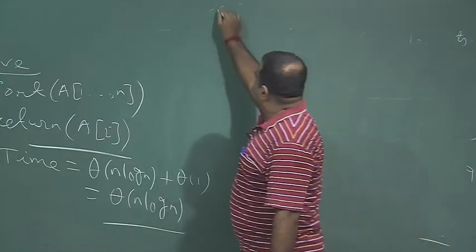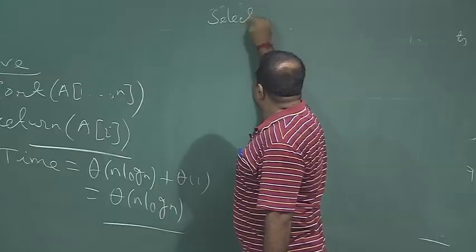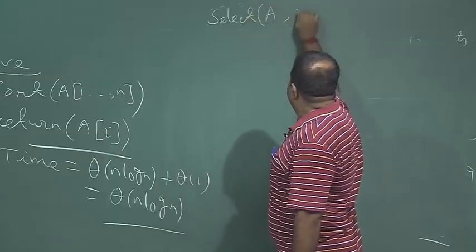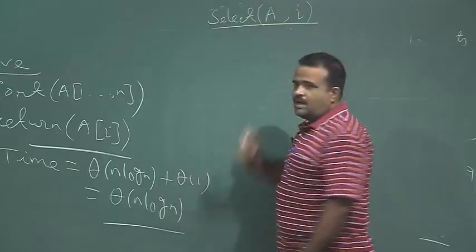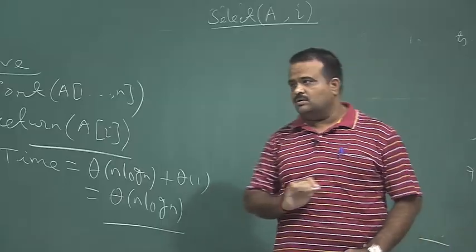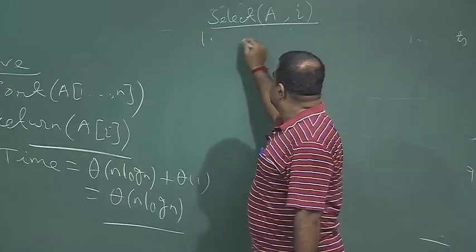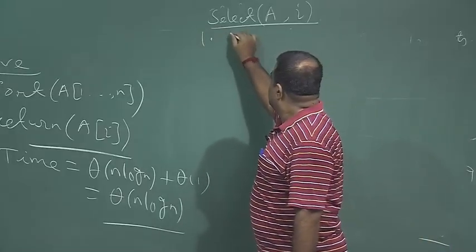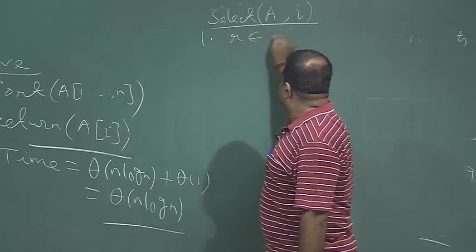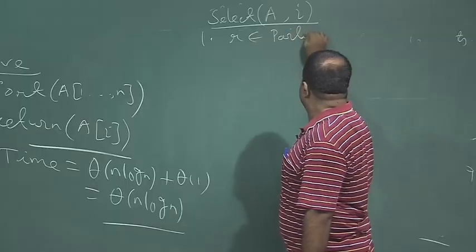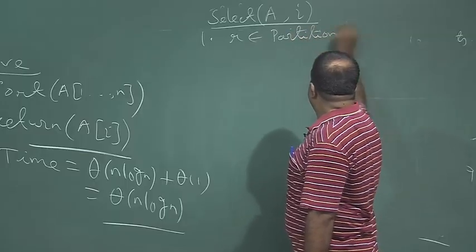Okay. So, suppose we have a given array and we are trying to find the ith smallest element. Now what do we do? We just call the partition algorithm of quick sort.